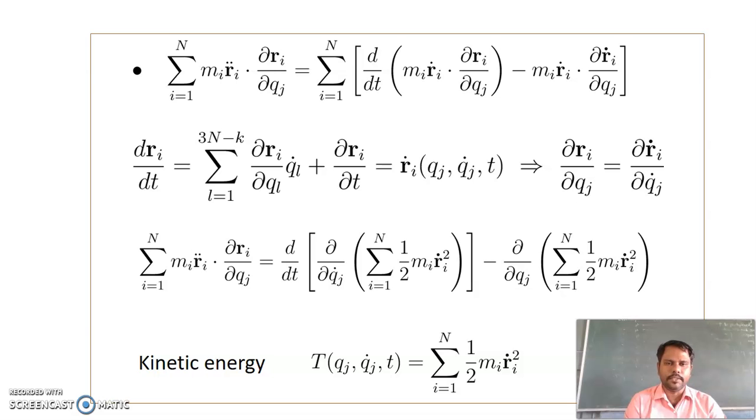Using this principle and rearranging terms, this expression can be expressed as d by dt of u into v, that is mi Ri dot into dou Ri by dou Qj, minus mi Ri dot into dou Ri dot by dou Qj.